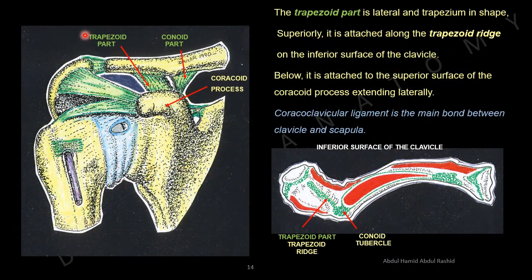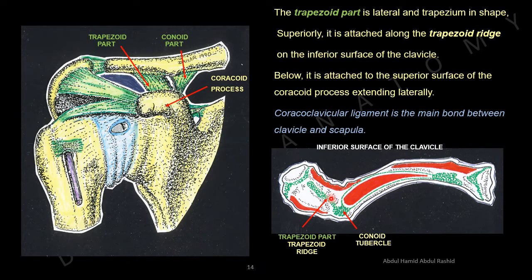The second part of this ligament is the trapezoid part, which is lateral to the conoid part, and it is trapezium in shape. Look at here, trapezium in shape. Superiorly, it is attached along the trapezoid ridge on the inferior surface of the lateral 1/3 of the clavicle.